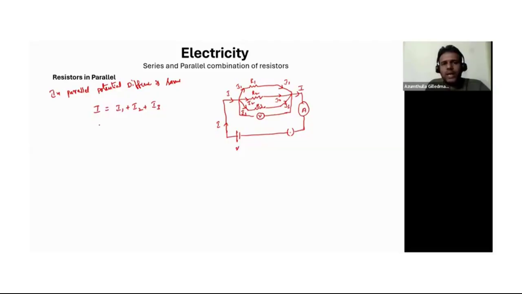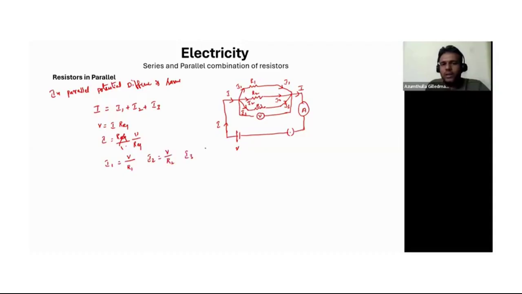Then what is I? V equal to I into R equivalent, right? Then I can write I as V by R equivalent, right? Then what is I1? The potential difference is the same, but the resistance is R1. Similarly, what is I2? I can write as V by R2.